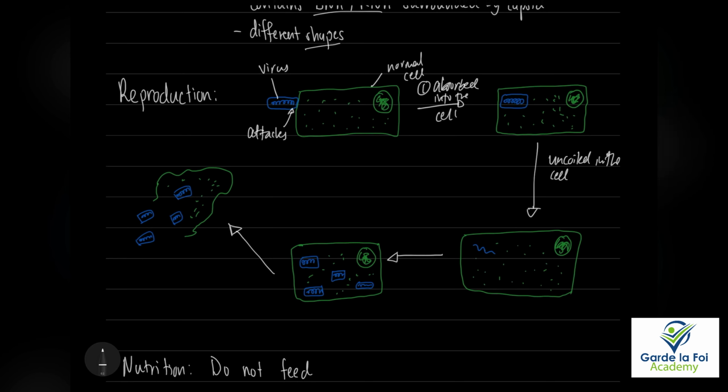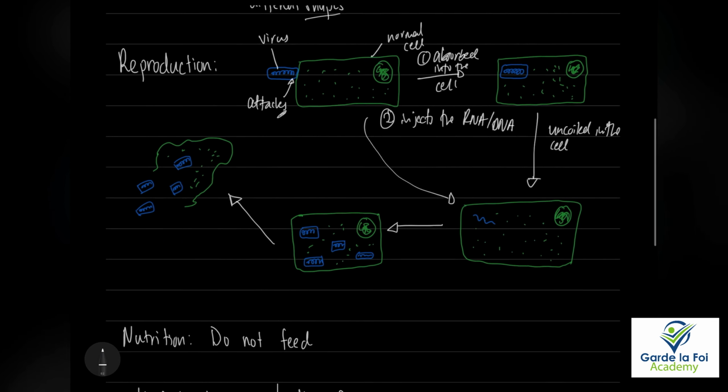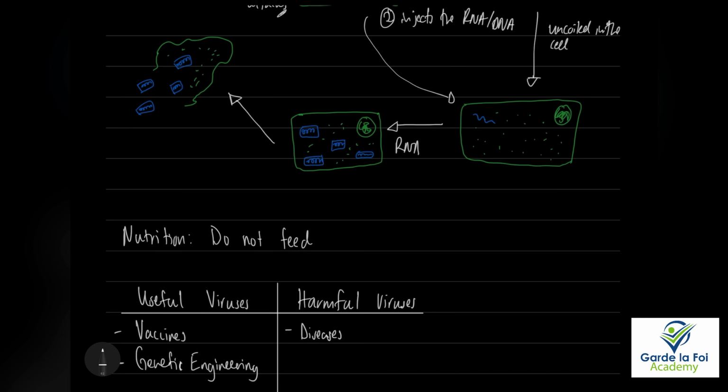The other process is whereby when it attaches to the normal cell, it injects the RNA or DNA into the cell, which leads straight to the process over here. And from here on, RNA or DNA replication happens. The virus uses the ATP, the energy inside the cell generated by the normal cell, to replicate itself.